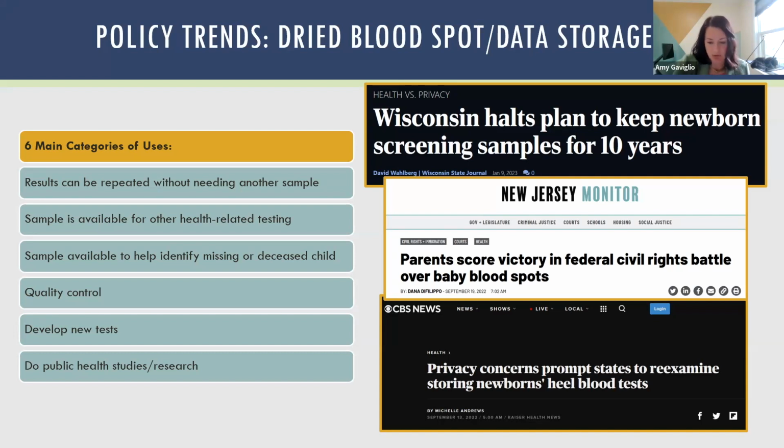Storing these blood spots serves a number of purposes, most of them related to ongoing program operations. So things like making sure that our testing equipment is working properly, or having the ability to retest a specimen without having to bring the family back in for another blood draw.